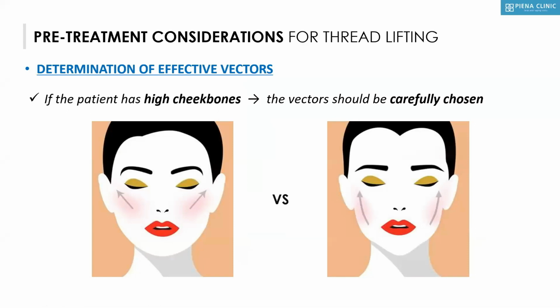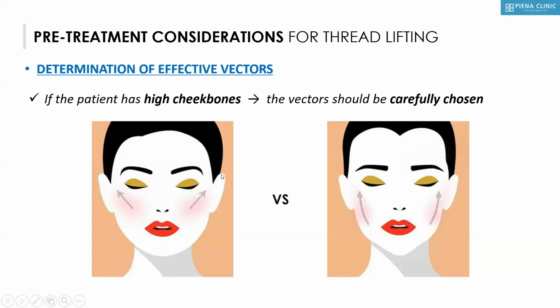For this reason, after midfacial lifting procedure in Asian women without careful planning, this lateral projection of the face may eventually become more emphasized. However, this problem can be overcome by choosing vectors close to the vertical, like this right side figure, rather than choosing 45 degrees.